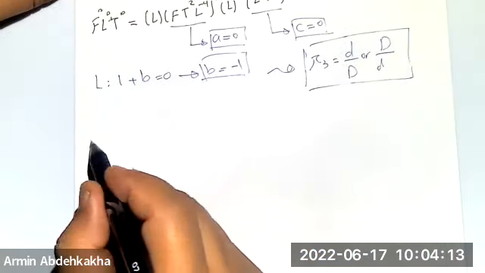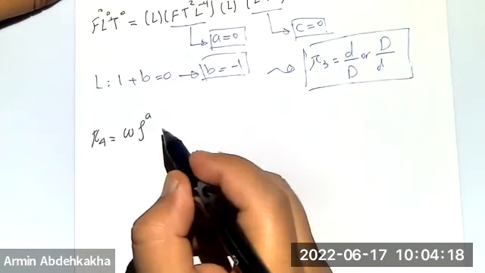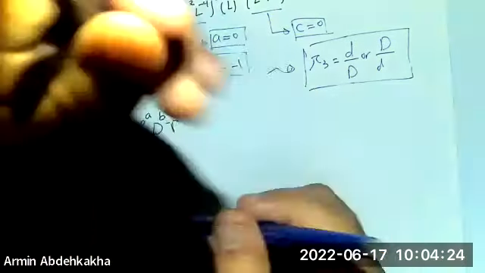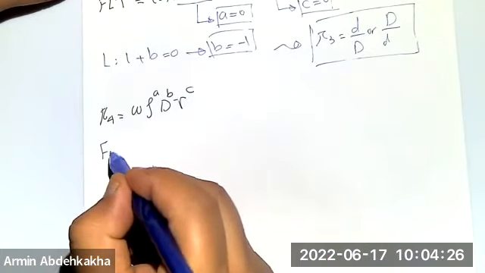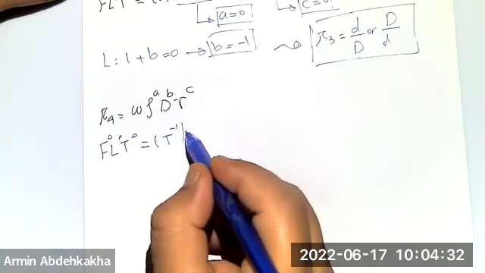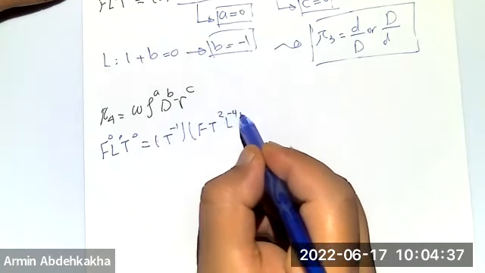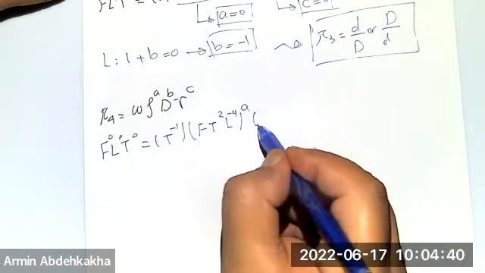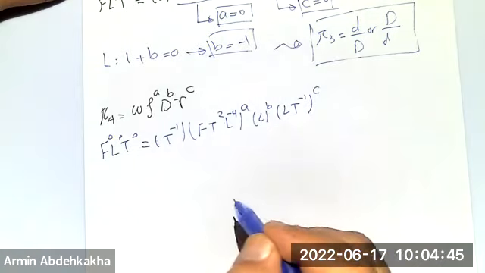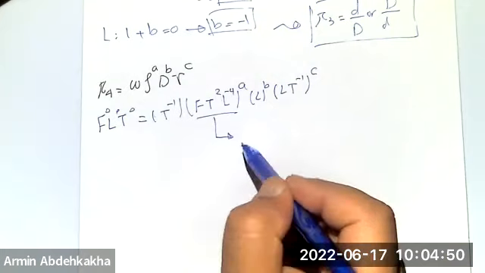For pi 4, omega, rho to the power of a, d to the power of b, and V to the power of c. F L T all 0 equal to T minus 1, F T squared L minus 4 to the power of a, L to the power of b, and L T minus 1 to the power of c. Okay? So again, the only term with F, this should be 0.